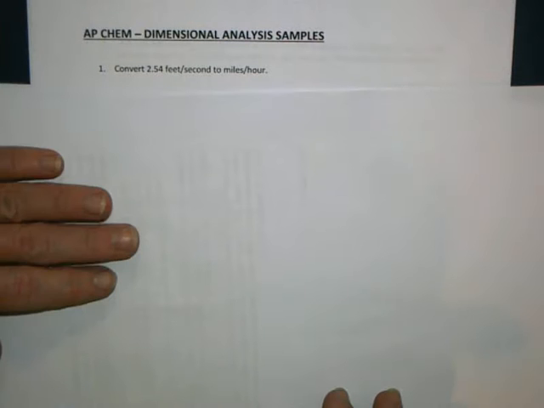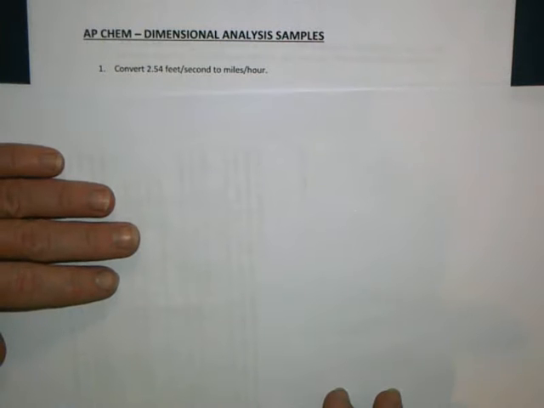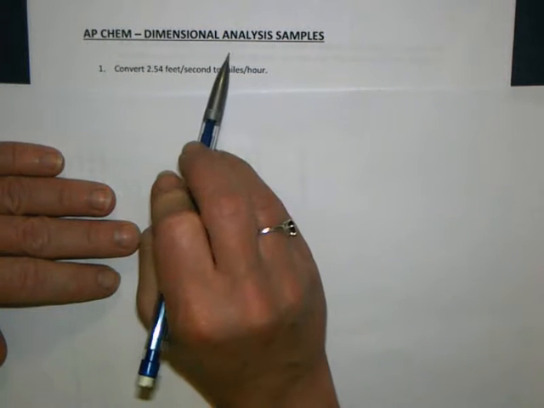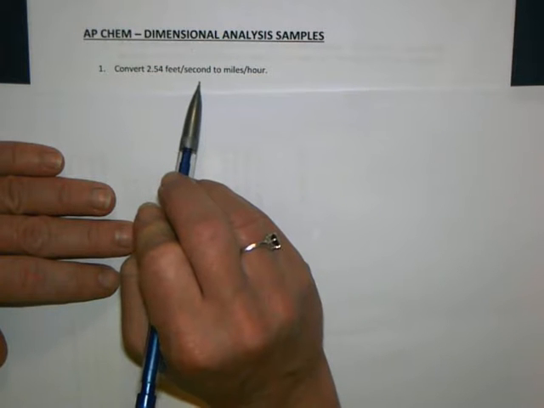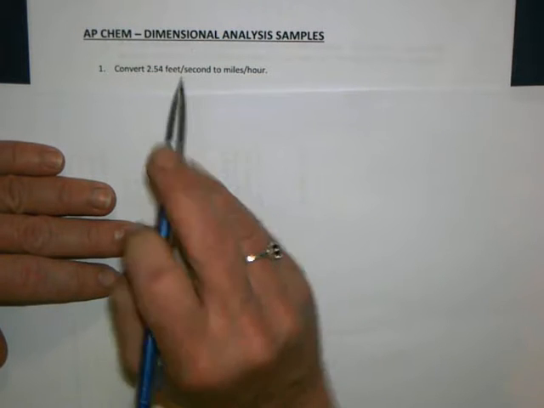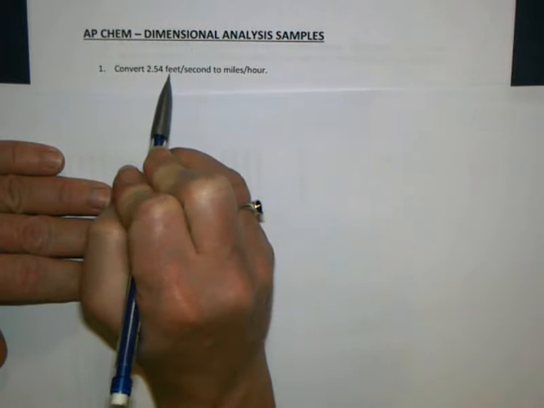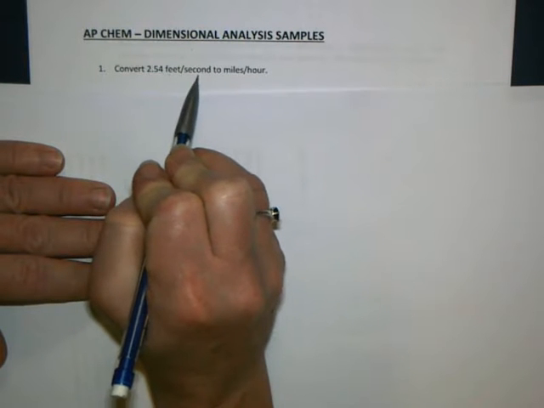So let's dig in. Convert 2.54 feet per second to miles per hour. Dimensional analysis is a unit conversion method, so we'll start out by looking at some simple English to metric conversions. Notice I read this as feet per second.